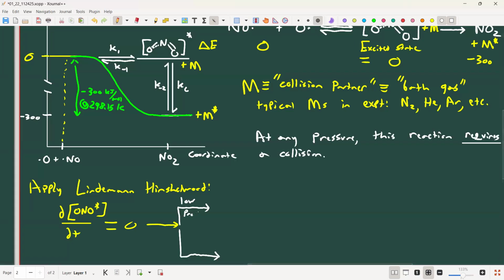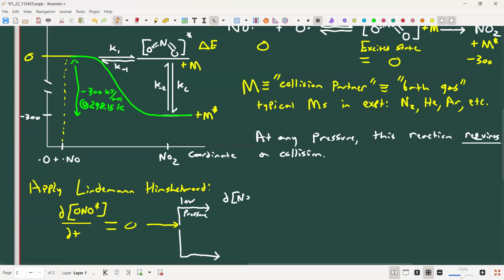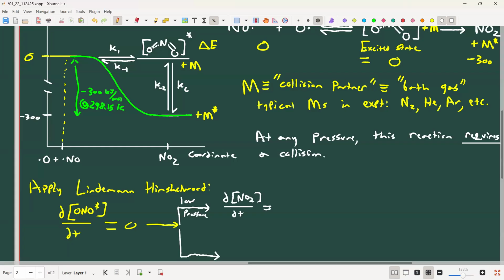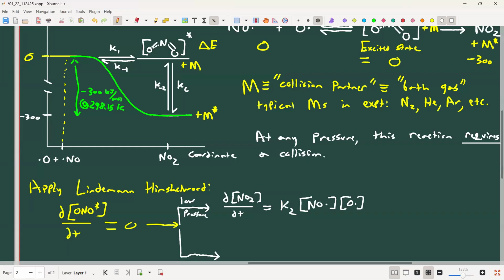So at low pressure, you find that the rate of formation of NO2, our product, is equal to k2 times the concentrations of our reactants, as it should be, times the concentration of our bath gas. Right?